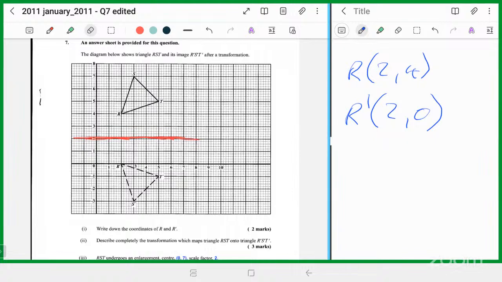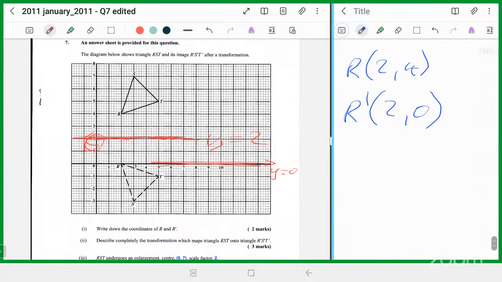Remember, the x-axis is y equals 0, so horizontal lines like the x-axis are y equals a number. This one passes through 2, so it's y equals 2. So we have a reflection in the line y equals 2.